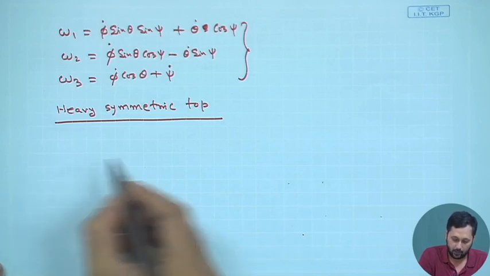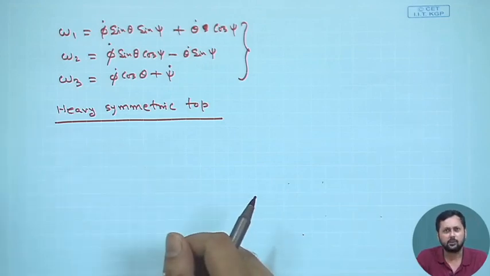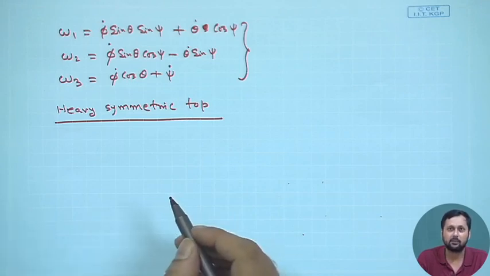Now, what is a heavy symmetric top? You must have played with a child's top, right. So, one of the examples of a heavy symmetric top could be a child's top. Why is it called heavy? Because so far we have discussed the symmetric top in the torque free condition.